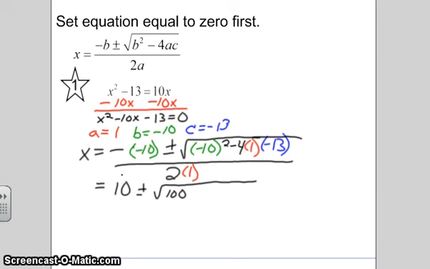So I've got a negative times a positive times a negative. So if there are two negatives, they cancel each other and become a positive. So this is going to become a plus. So 4 times 13 is 52. All over 2 times 1 is 2.